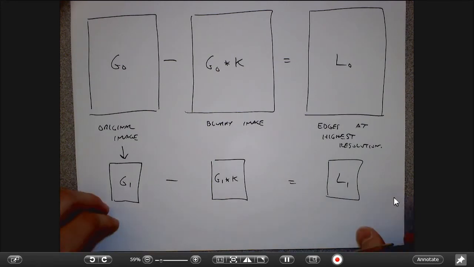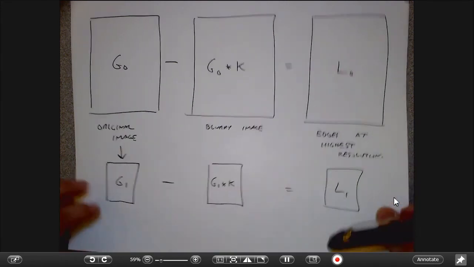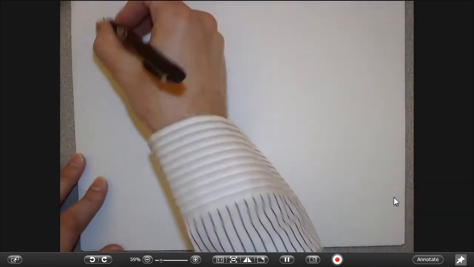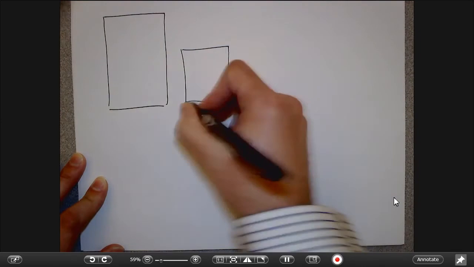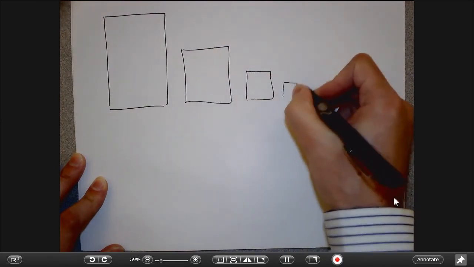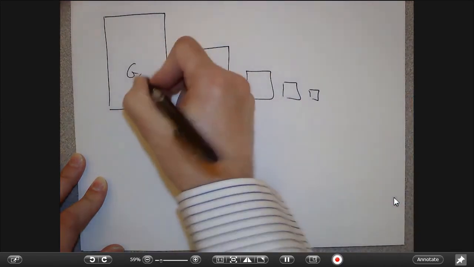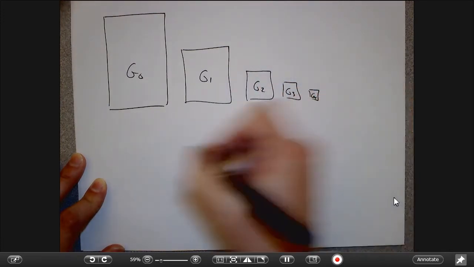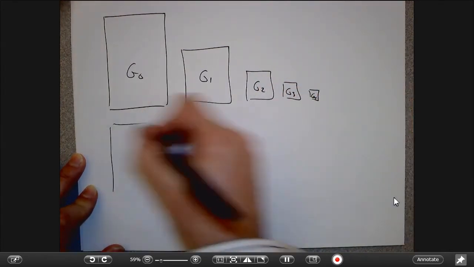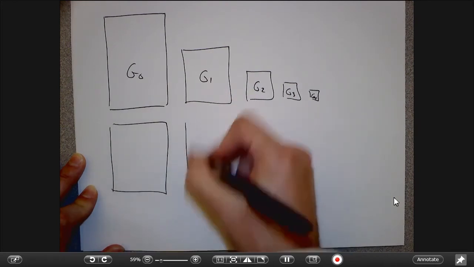And so the result of this is that I get what's called, on the top, kind of what's called a Gaussian pyramid. Right, so this is my Gaussian pyramid. And on the bottom, I get what's called a Laplacian pyramid.